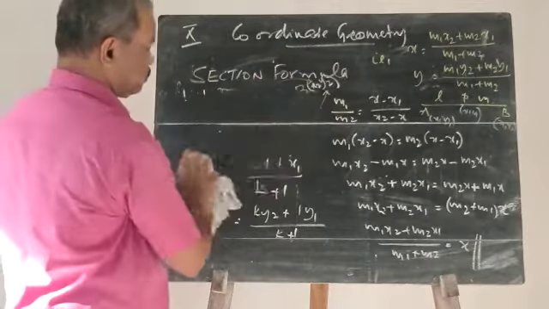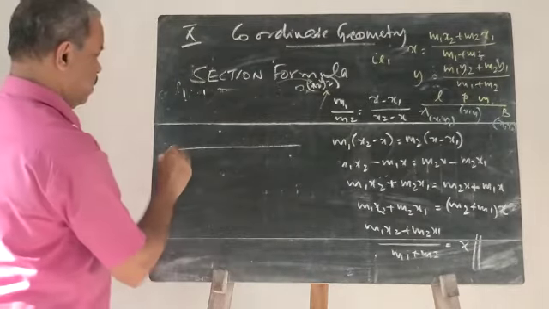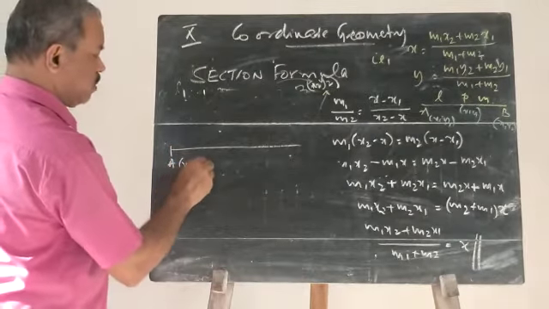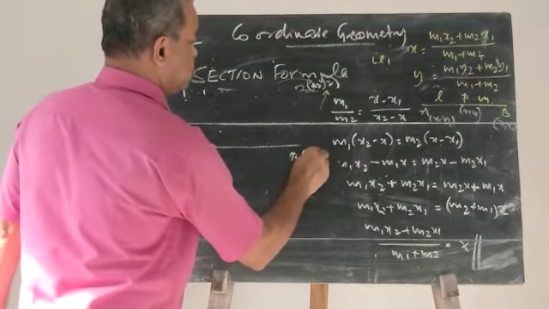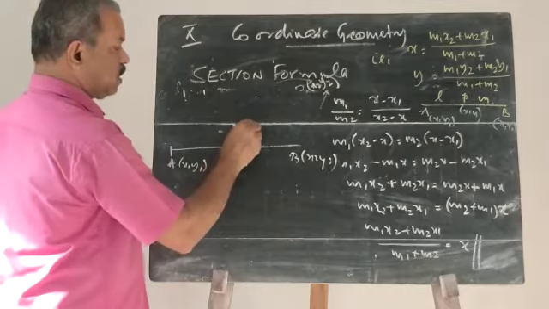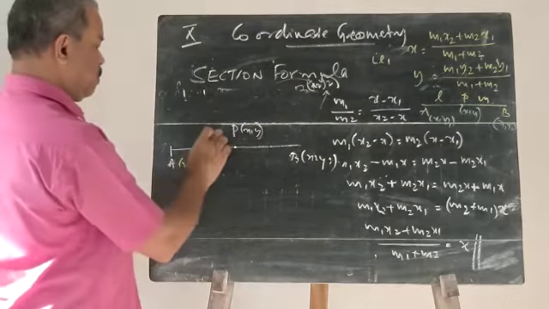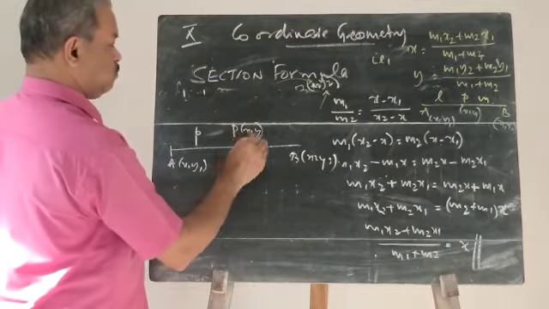Another example. Suppose the line AB, A with coordinates (x1, y1) and B (x2, y2). Suppose P, whose coordinates are (x, y), divides this line in the ratio p is to q.